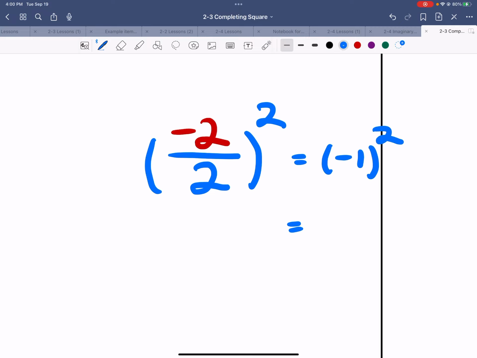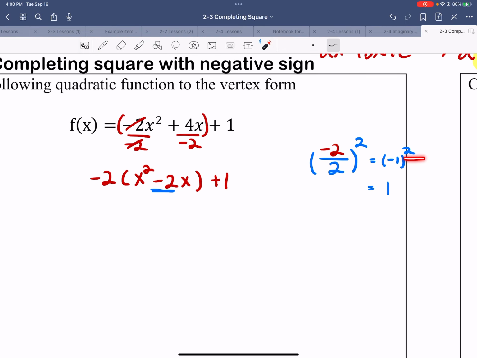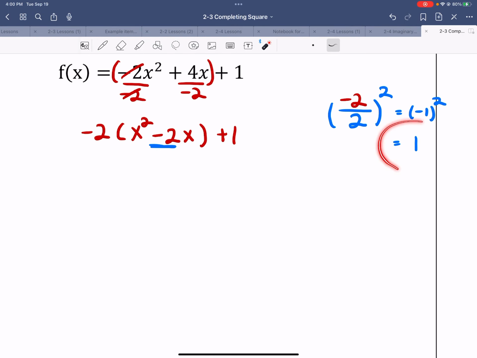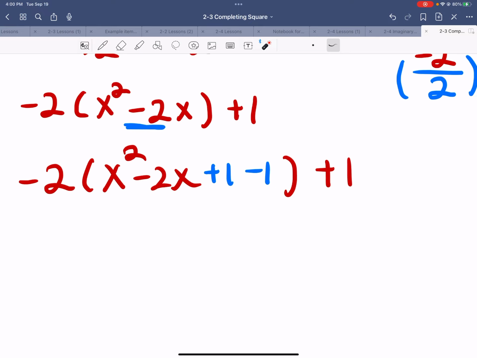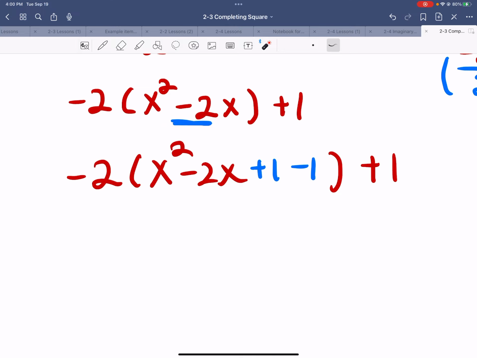And -1 squared is +1. So what we're going to do is add and subtract this number inside this parenthesis. As you can see, I combined +1 -1. We did not change anything, because 1 minus 1 is equal to 0.